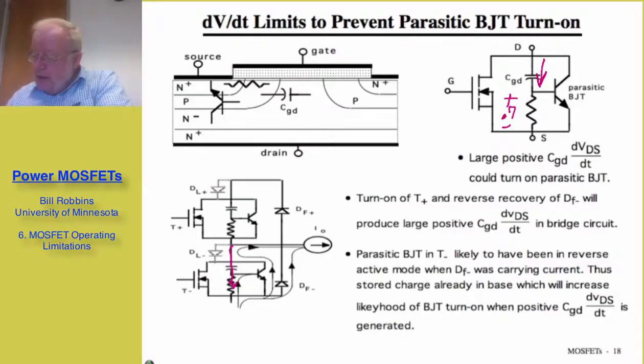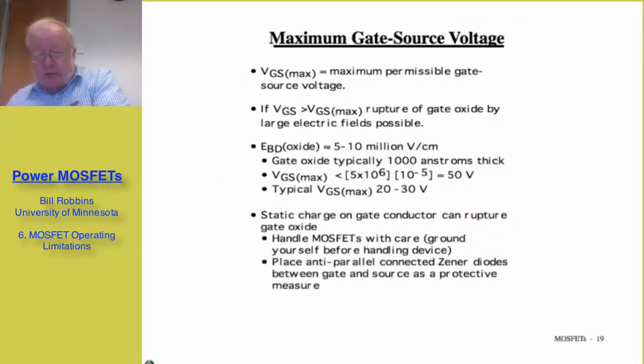Going on, there is a maximum gate to source voltage that one can apply, and the manufacturer specifies it usually as V gate to source maximum or some other easy to interpret symbol for the maximum gate to source voltage. If you exceed that voltage, you have the possibility of rupturing the gate oxide because of large electric fields across the oxide.